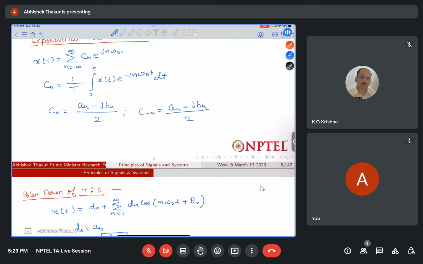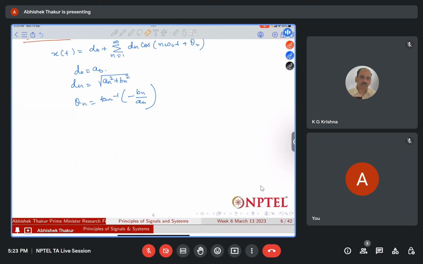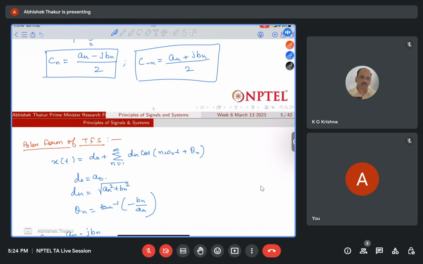Before that, we will see the magnitude spectrum and phase spectrum, and what their properties are. Here Cn is given as (An minus jBn) by 2 and C of minus n is (An plus jBn) by 2. So the magnitude of Cn is under root of An square plus Bn square divided by 2, which is also equal to the magnitude of C of minus n.